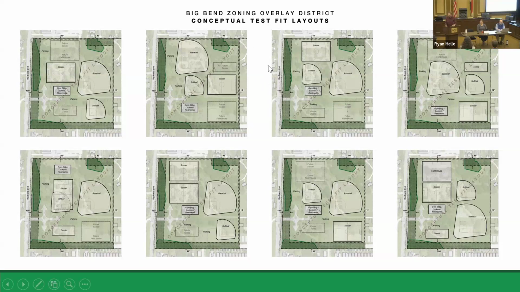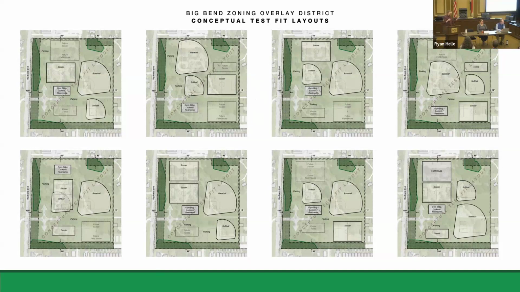So what we have here, and this is a little bit new, this wasn't in the last meeting that we had. These are some test fits that we had requested from Washington University. Again, they don't know the specific uses or the layout at this point in time. But what this shows, and I'll show you a couple here that are going to be a little bit easier to see, is how much of the site is actually taken up once you put a softball field, a baseball field, parking, a gymnasium, and some tennis courts on this particular site.